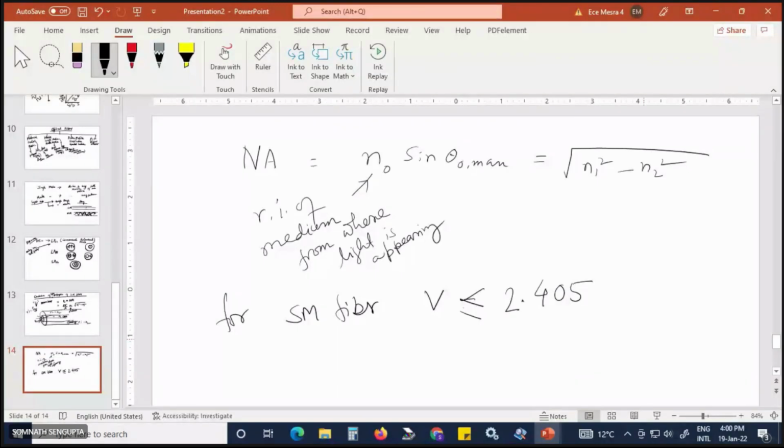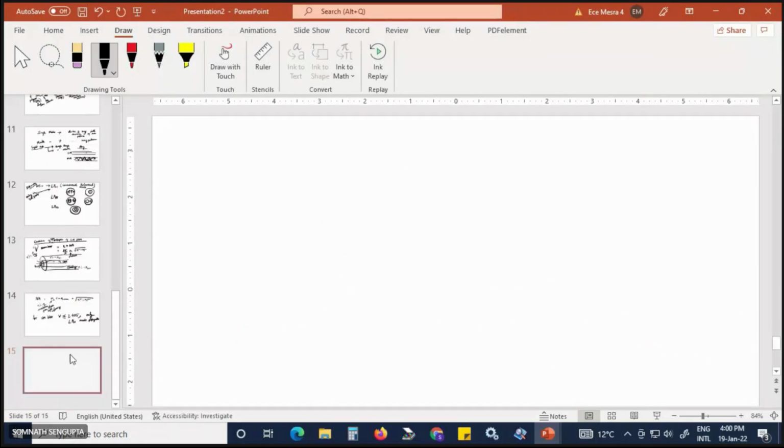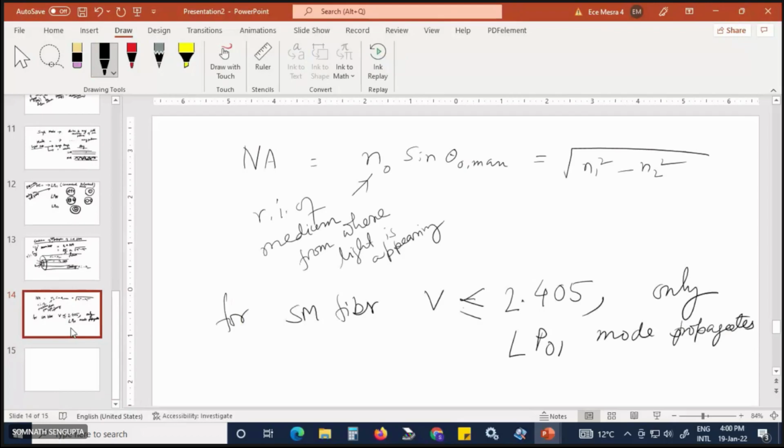Light propagation in single mode fiber: only LP01 mode propagates.